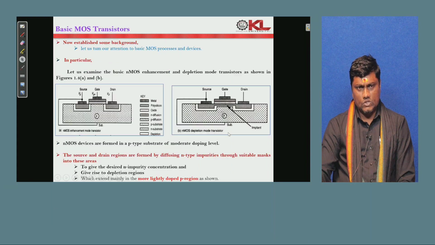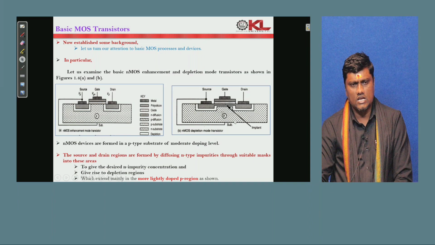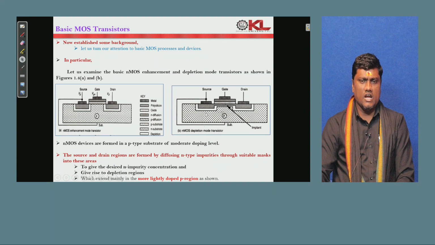So the CMOS transistor will have a number of layers, and we can see here the NMOS enhancement mode transistor and the NMOS depletion mode transistor. In an enhancement mode transistor, the channel is created. We can see the source on the left hand side and the drain on the right hand side.